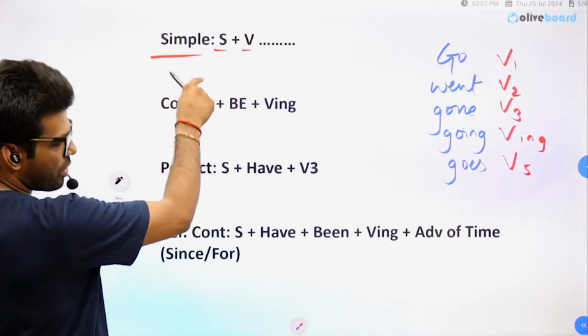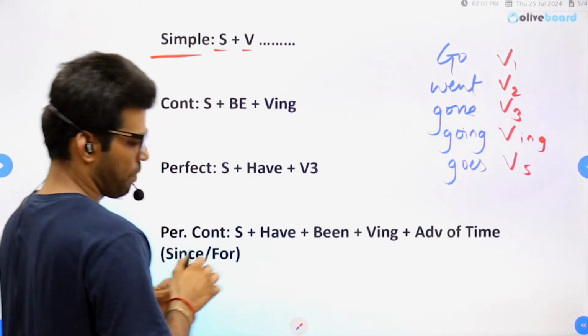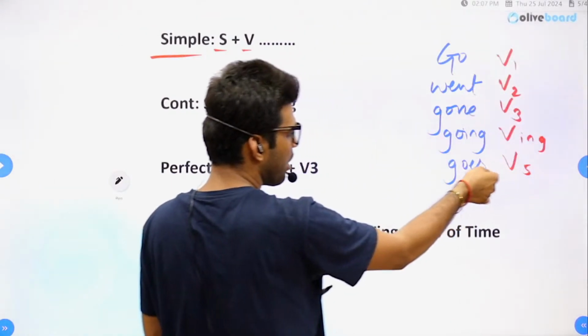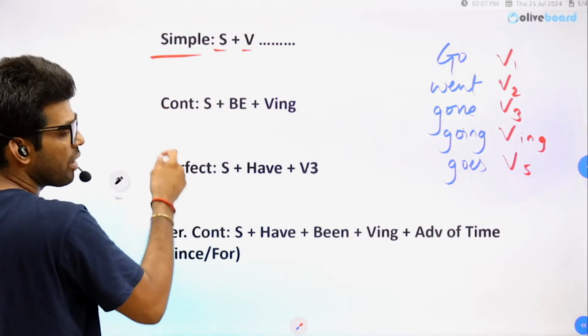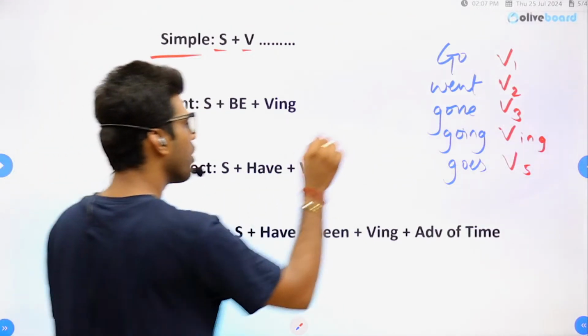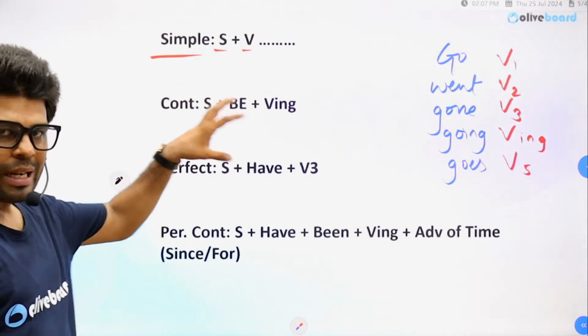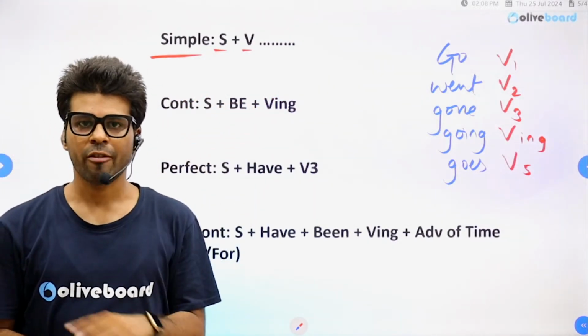So this is the raw structure, subject plus V1. When we put time here, V1 is already there. For a singular subject, we'll put S/ES, so 2 verbs are already consumed, just framing one tense in English. When we talk about past, we'll be putting V2 over there. So only 2 tenses are formed, and 3 verbs have been used.